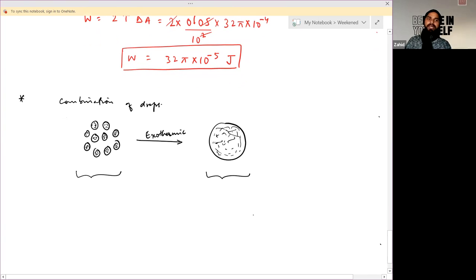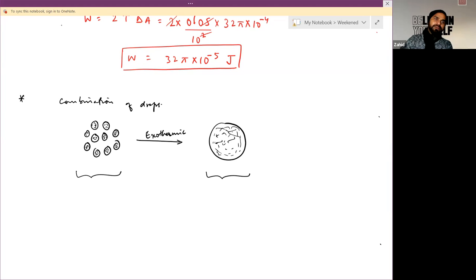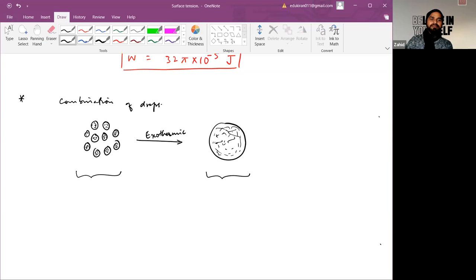So you will be asked to calculate the change in energy on combination of drops. Let me define how to solve it.